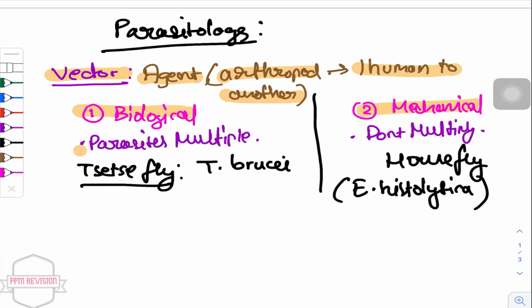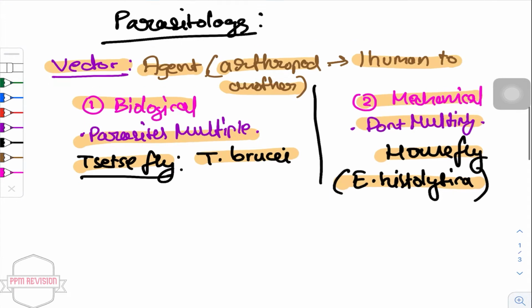Under biological, the parasites multiply, whereas in mechanical, they do not multiply. Under biological, the example being tsetse fly for T. brucei, and in case of mechanical vectors, the housefly for Entamoeba histolytica.